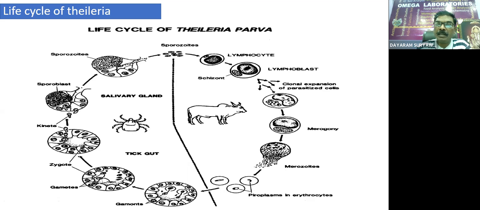Circulating RBCs will be infected by the merozoites, and the piroplasms are observed in the RBCs or the erythrocytes. So this is the stage where we can collect the blood and observe the piroplasm in the erythrocytes, and the same type of piroplasm will be consumed again by ticks, and the further life cycle of theileriosis continues.